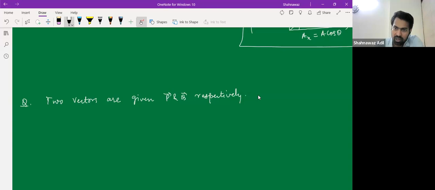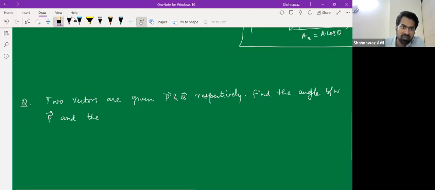Find the angle between the P vector and the resultant of, whenever I say resultant it means the addition, right?